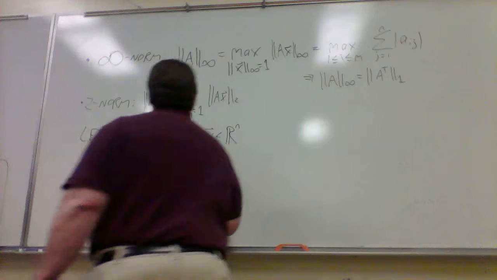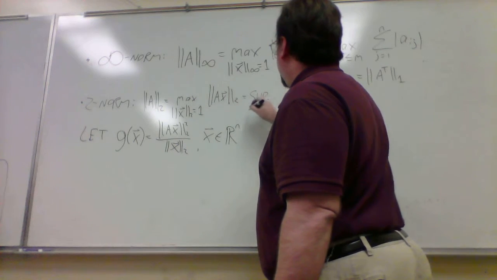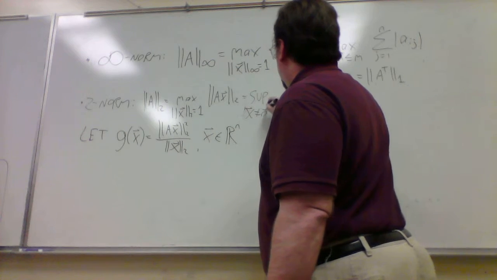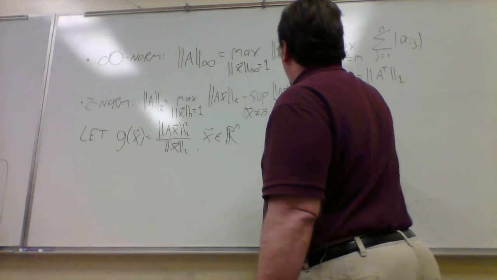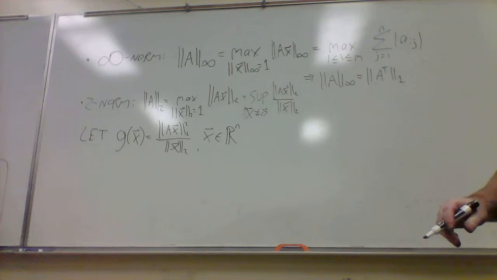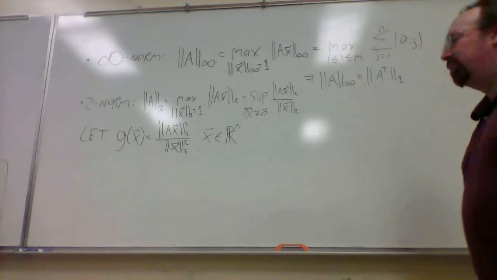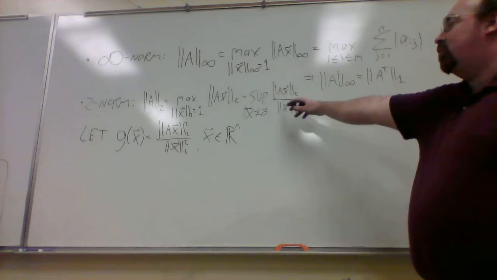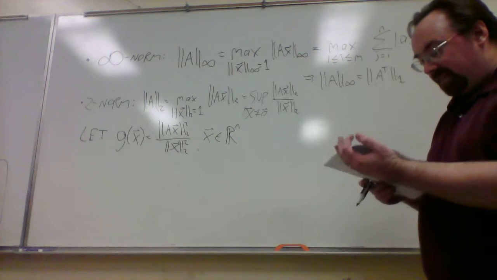So in fact, the other way of defining the 2 norm is the supremum over all non-zero x of the 2 norm of Ax over the 2 norm of x. So you can look at it either way. Yes? Is it the norm of x? Yes, both norms above and below have to be squared. So I'm going to see how big this quantity can get by varying x over all of Rn.